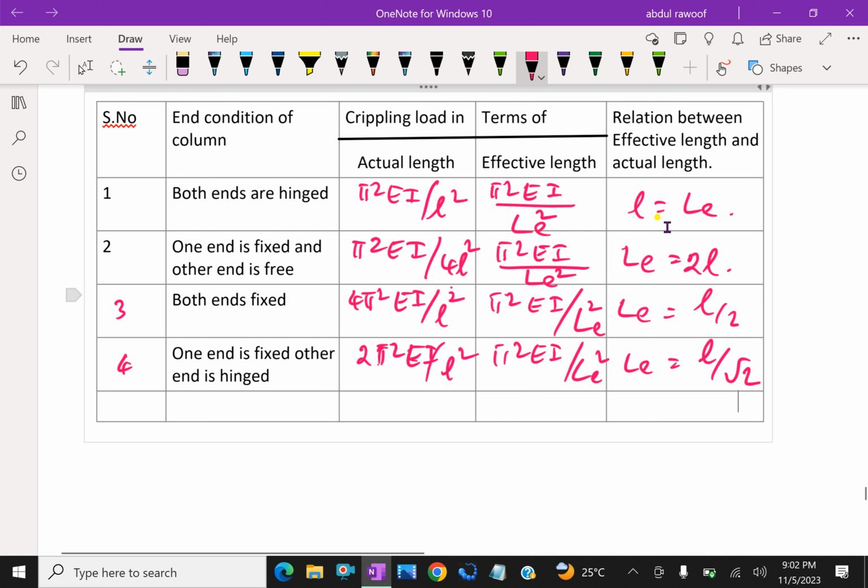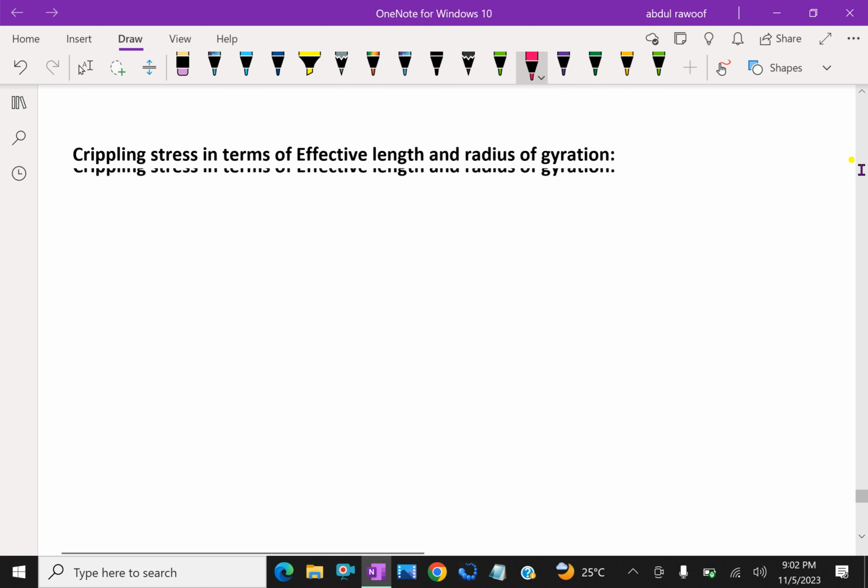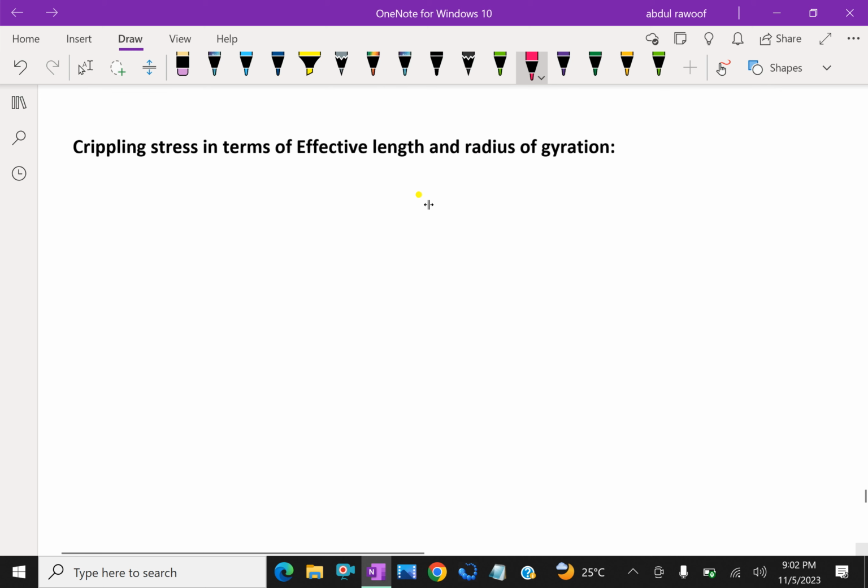Now crippling stress in terms of effective length and radius of gyration we'll discuss. Here we know that I, moment of inertia, equal A k square, where A is area of cross section and I is the least value of moment of inertia, then k is the least radius of gyration.